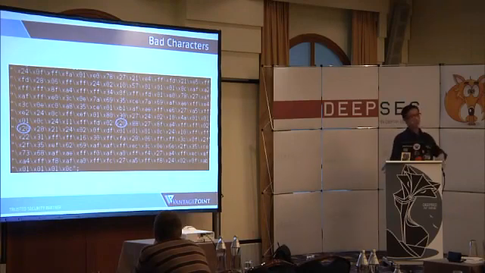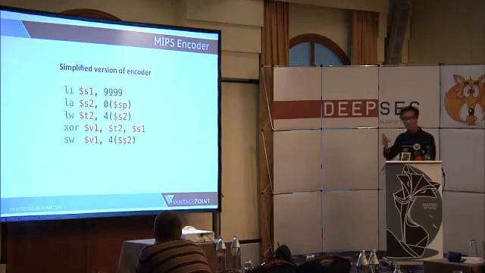So you can simply write a simple encoder: encode just the 2 bad characters and decode them on the fly, and you're good. This is a simplified version where I just XOR both bad characters with 9999.